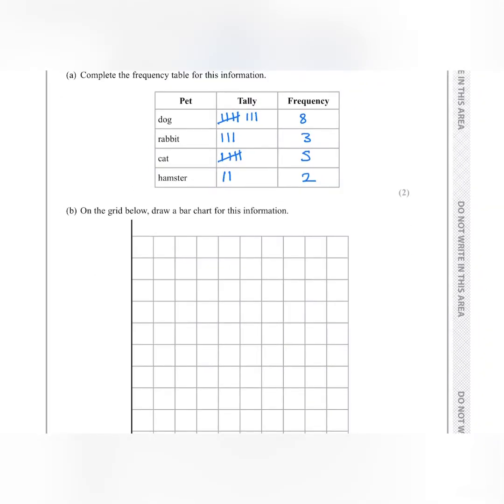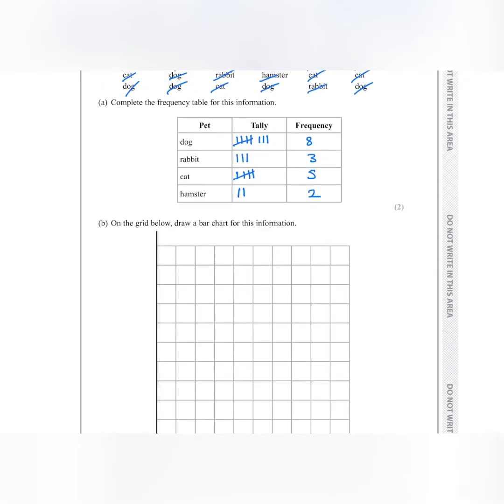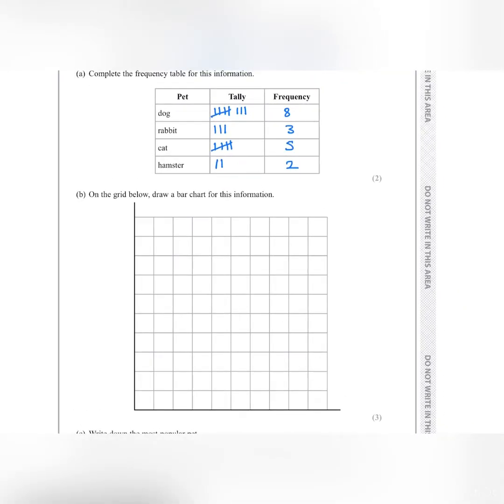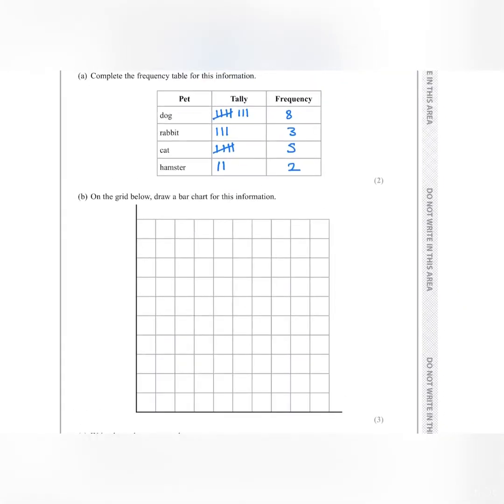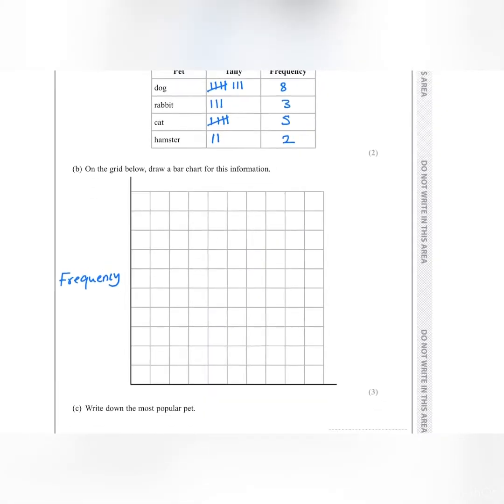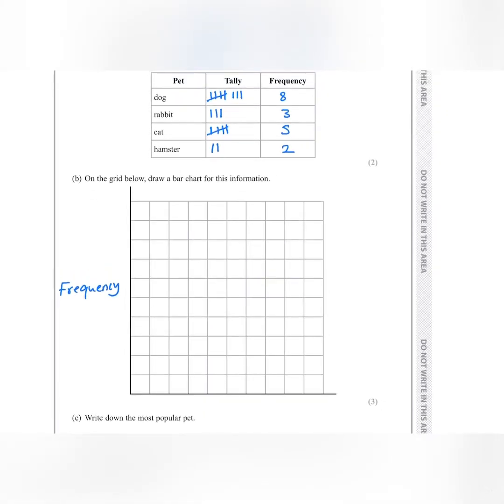It's on a grid plot, draw a bar chart for this information. Okay, so a bar chart, we can have frequency on the side. And we can have the pets at the bottom here. So I'm just going to use this for a dog and use this here for a rabbit.